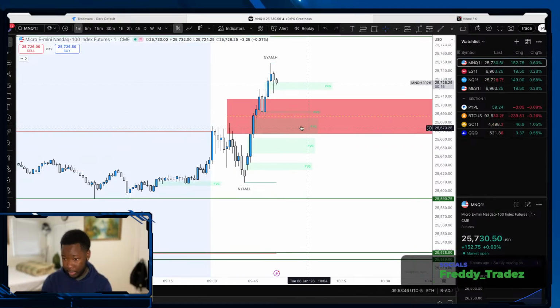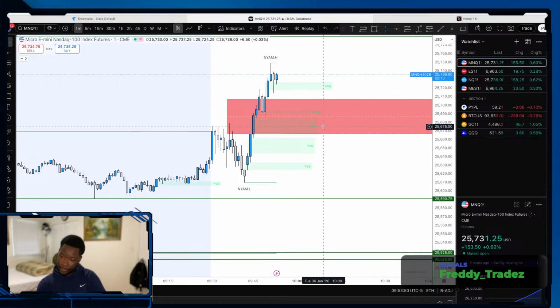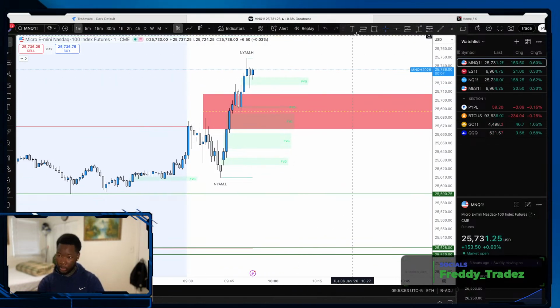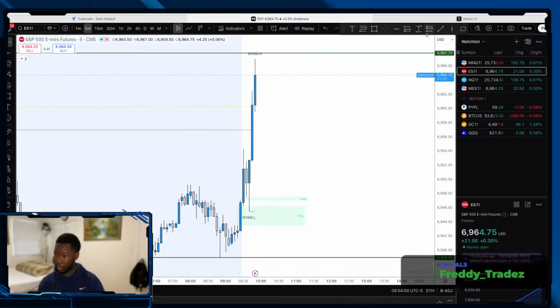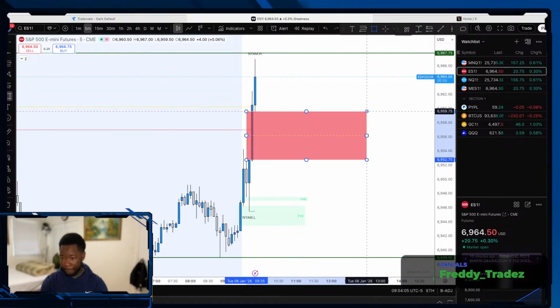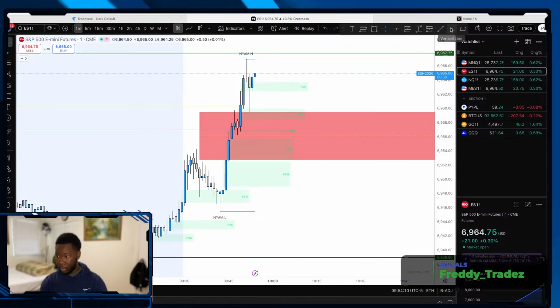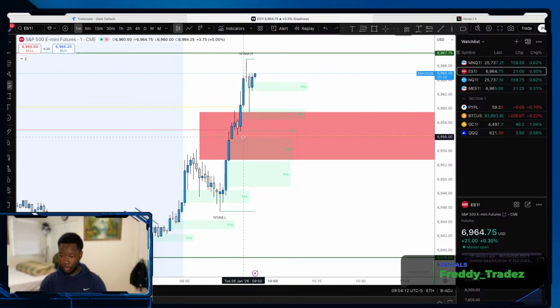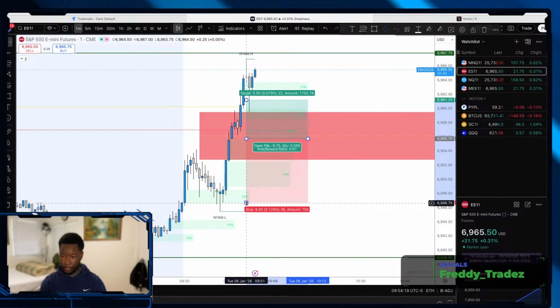Or if we just reject this 1 minute gap really well, I might look to take something. Stops would be, alright, so I'm more likely to take this on ES. Stops to be down here.